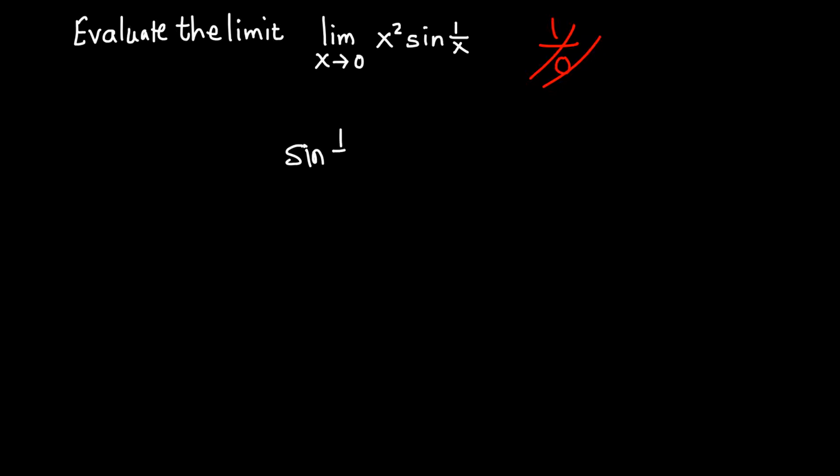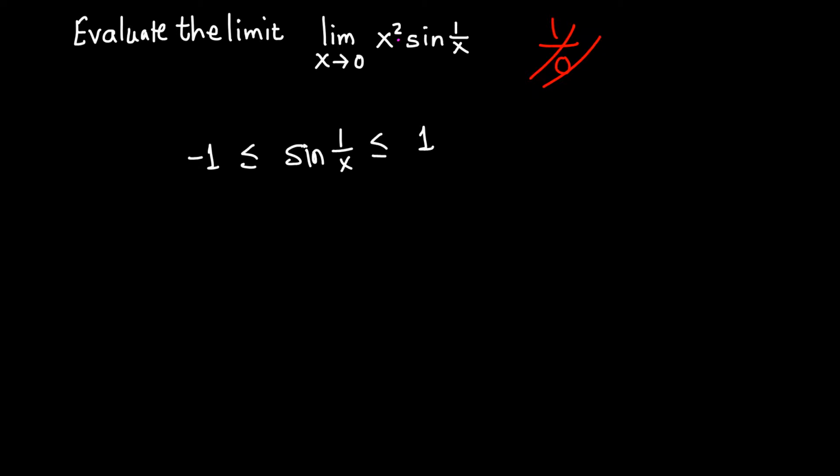sine 1 over x is at most 1 and at least -1. And we have sine 1 over x times x squared. x going to 0 means x is very close to 0 but not exactly 0.